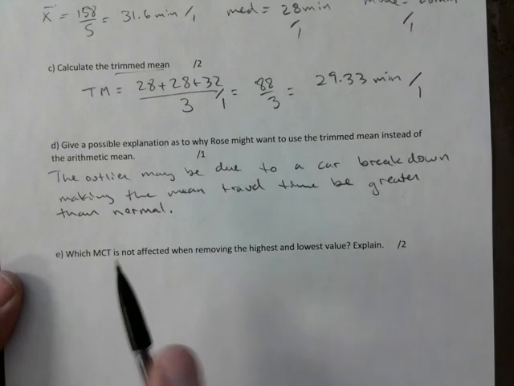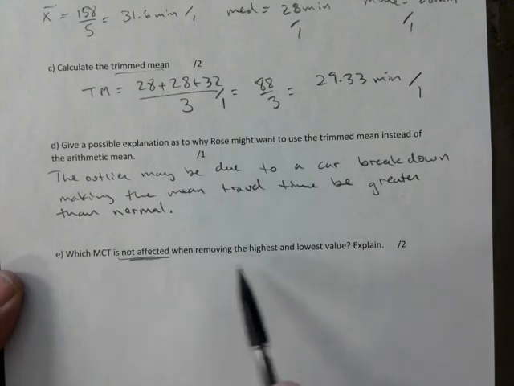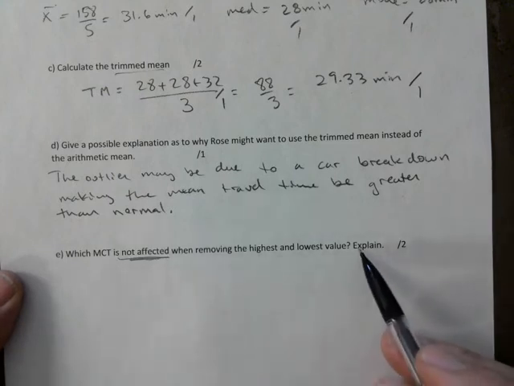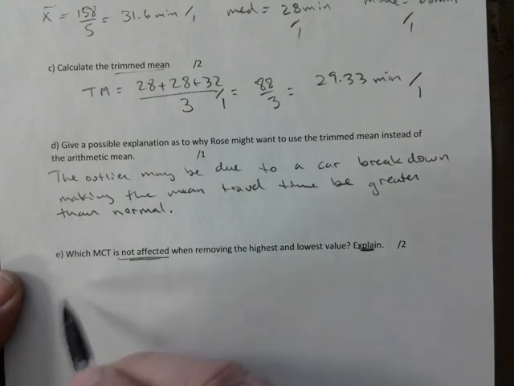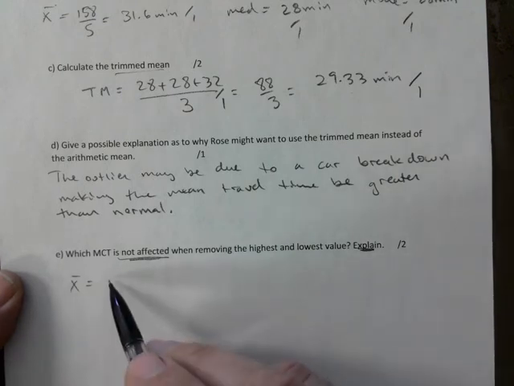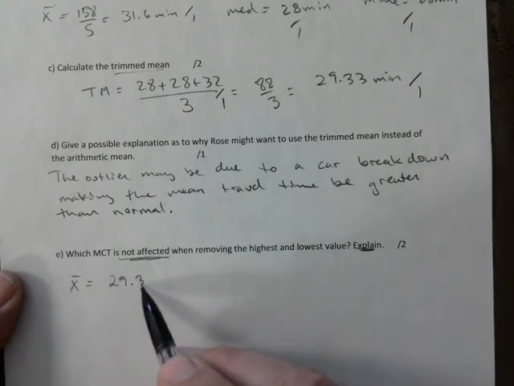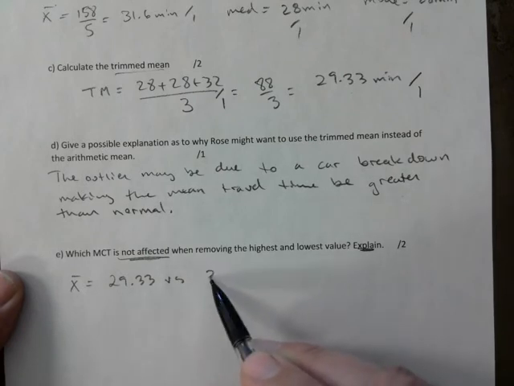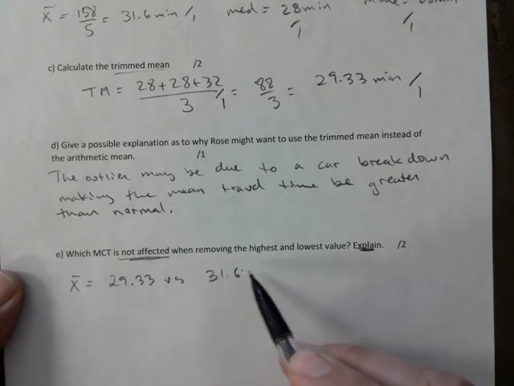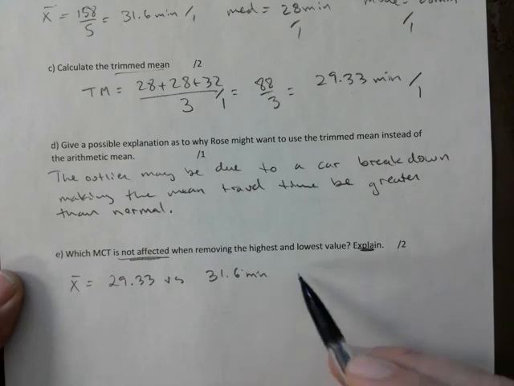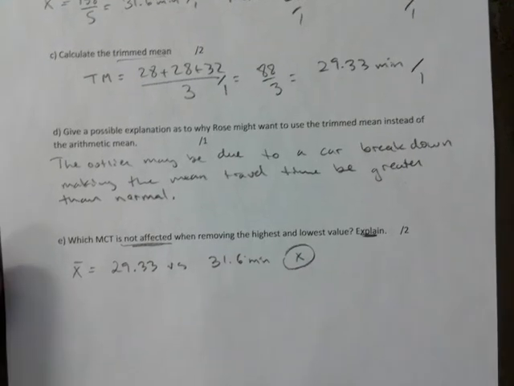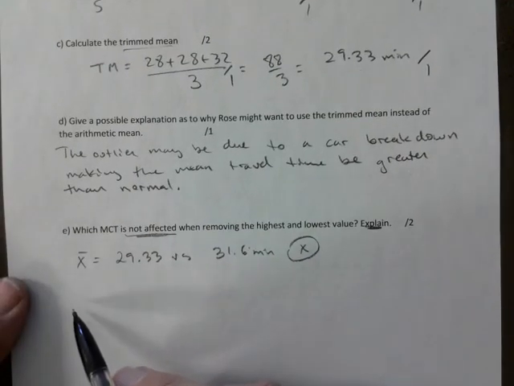Which measure of central tendency is not affected when removing the highest and the lowest value? Explain. Let's compare. The average is 29.33 versus 31.6, so that one is obviously going to fail. It doesn't pass the test.